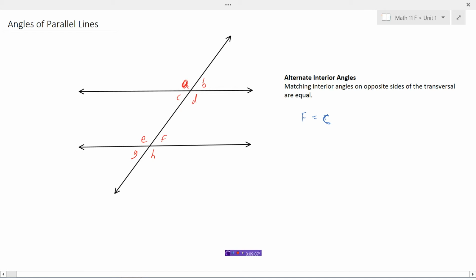We have another alternate interior angle here. We have E and D. So angle E would equal angle D. Those are alternate interior angles.